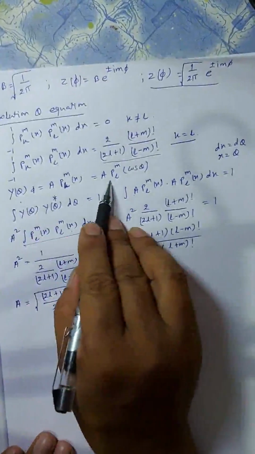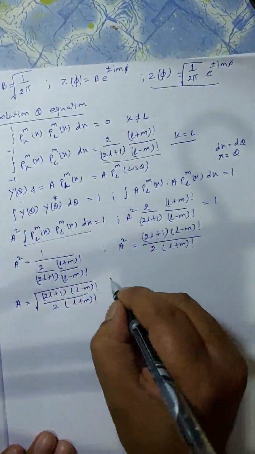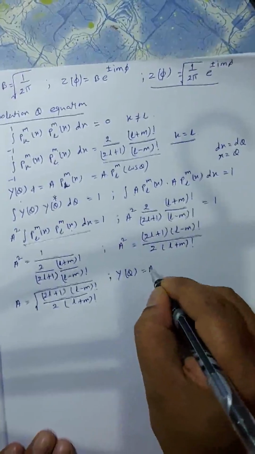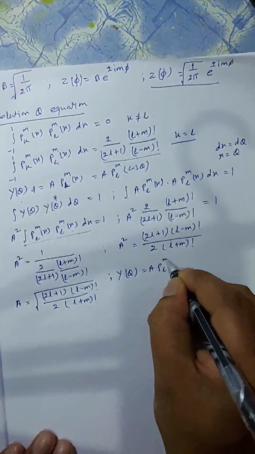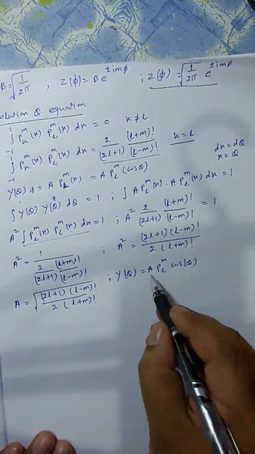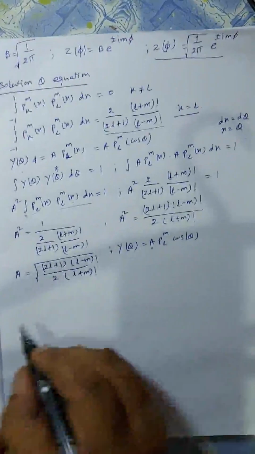Then what is my equation? Y(theta) is equal to A P_l^m(cos theta). So in place of A, I write this value.